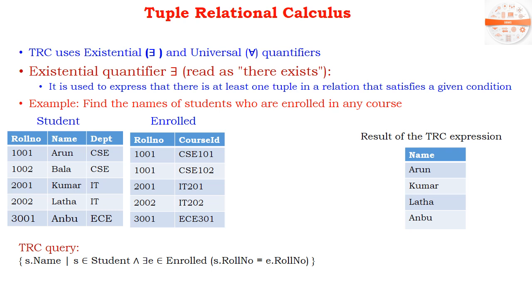So what is the condition? S.rollno, that is the student roll number, should match the enrolled roll number. In that case, automatically it will filter and show the output. What is the output here? Arun, Kumar, Lada and Anbu. So only these match across the two tables.